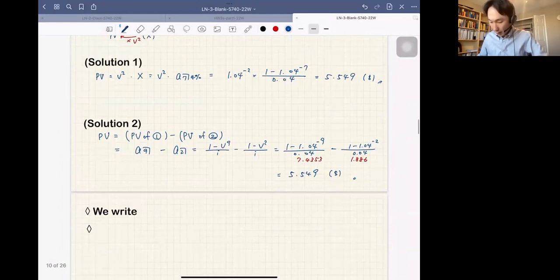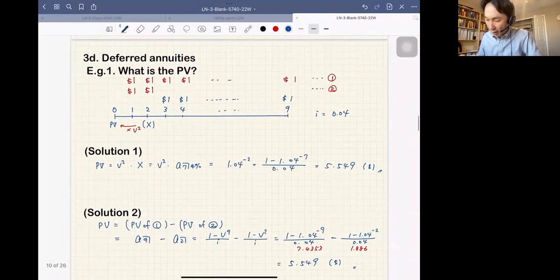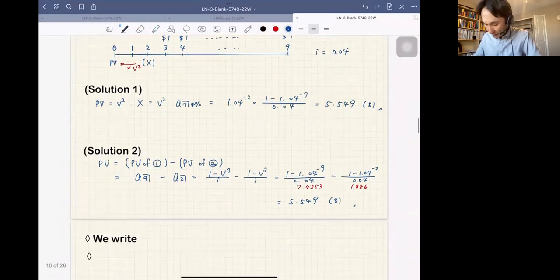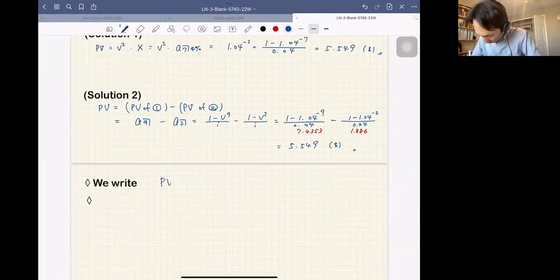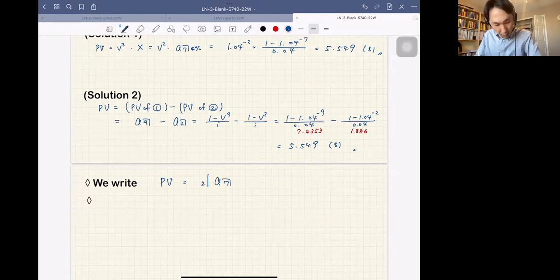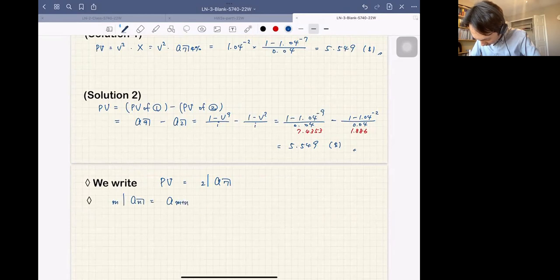Yeah, and we have notation for this, the deferred annuities. So the notation is two vertical lines, then a-angle 7. That means, in general, m-deferred a-angle n means a-angle m plus n minus a-angle m.